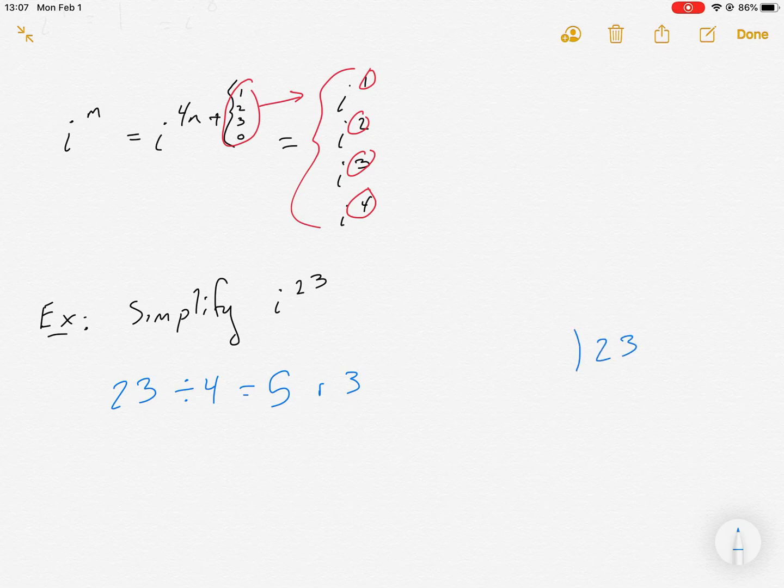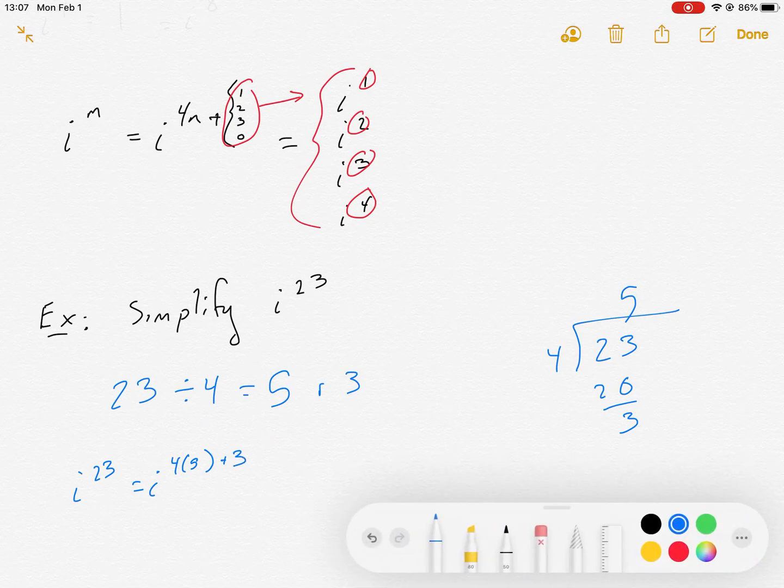I feel like since we just did long division, I might as well do this again. Right, so the remainder is 3. So this means that I could rewrite I to the 23 as I to the power of 4 times 5 plus 3, because 4 times 5 plus 3 is 23.